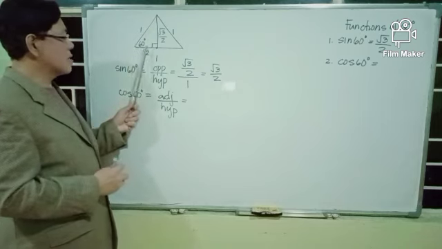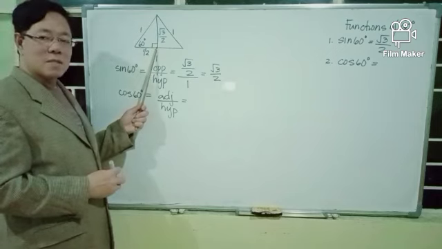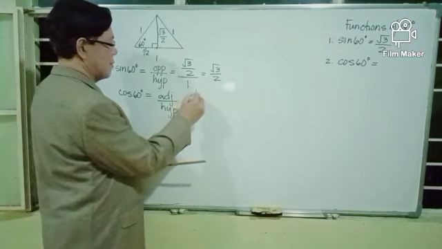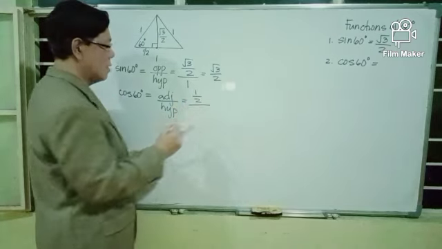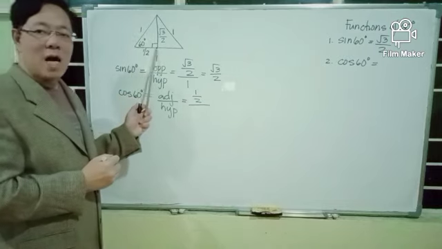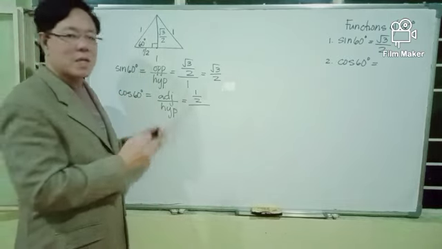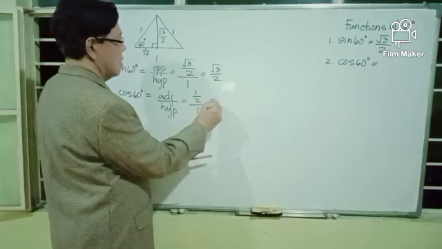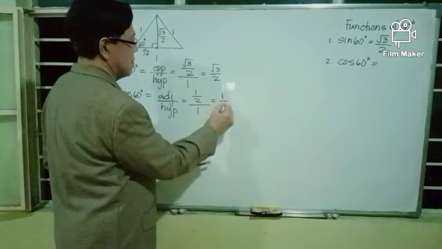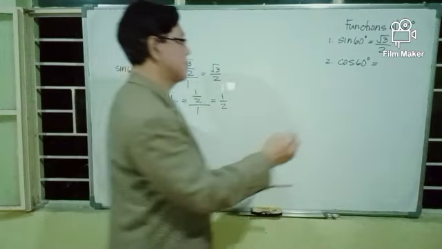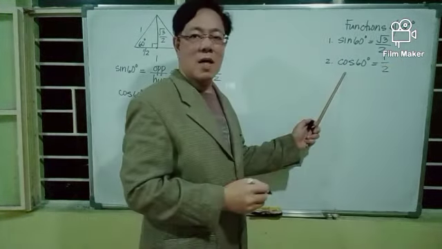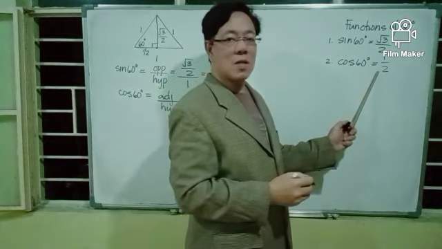And the length of this adjacent side is 1/2. Divided by the hypotenuse, the side opposite the right angle, which has a length of 1 unit. And 1/2 divided by 1 is 1/2. Hence, cosine of 60 degrees equals 1/2.